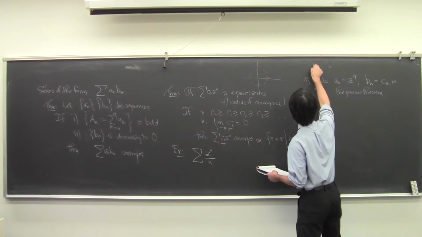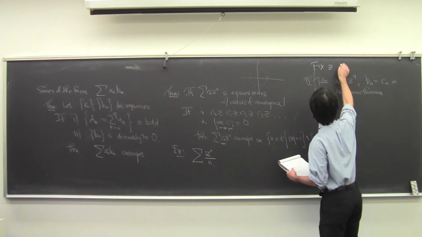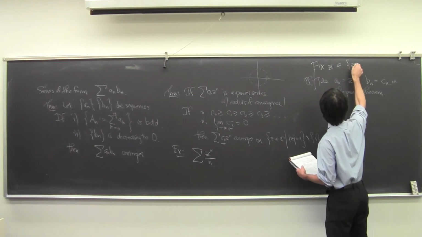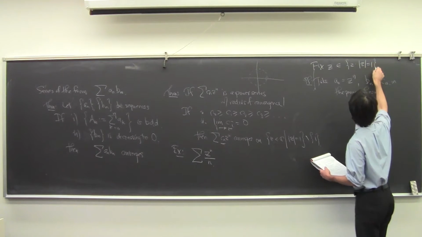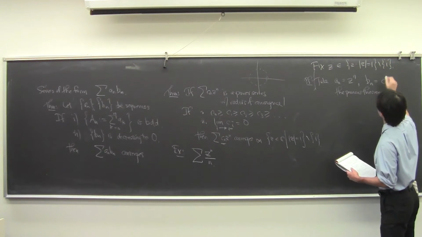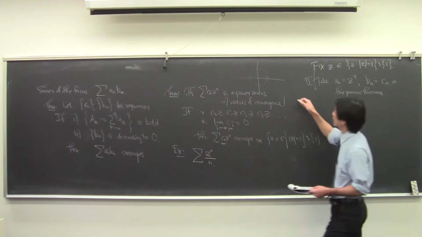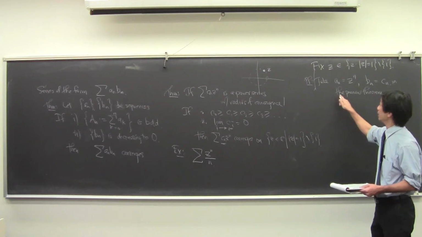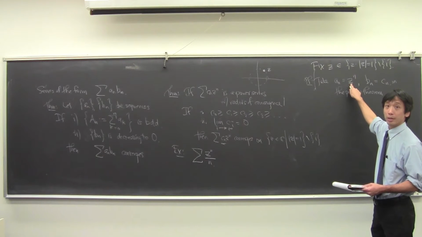I'm sorry, first fix some z on the boundary that's not equal to 1. So choose your z, and we see that it will converge by taking our a sub n to be this, right?